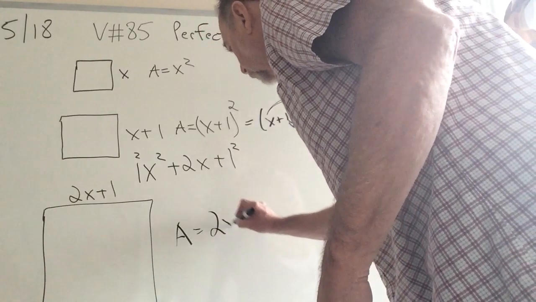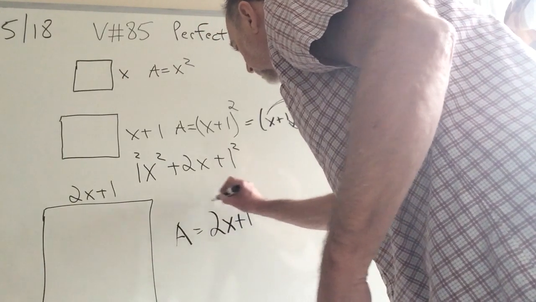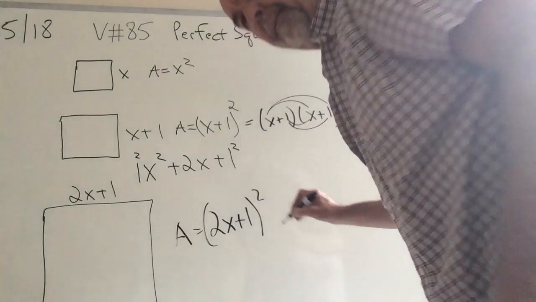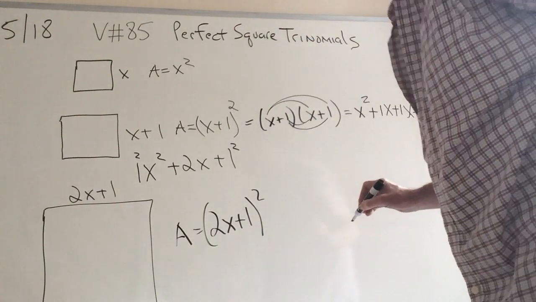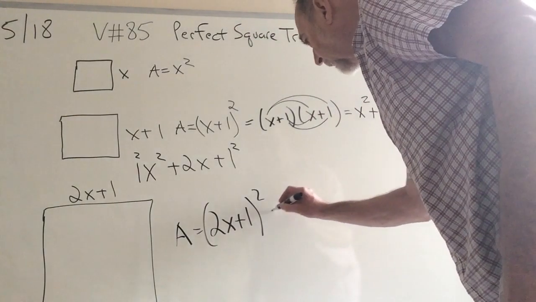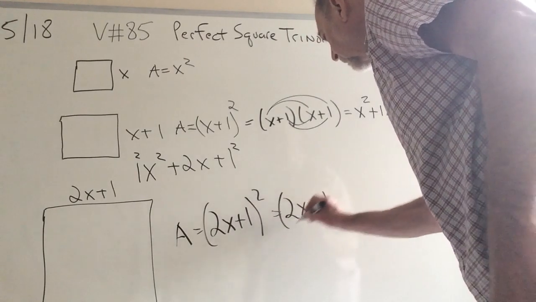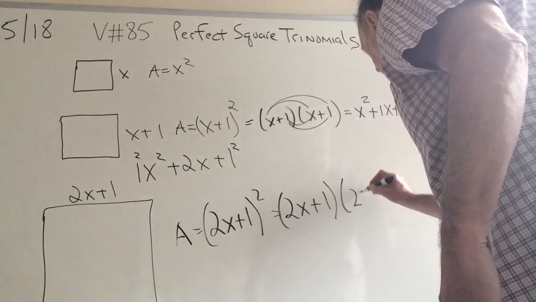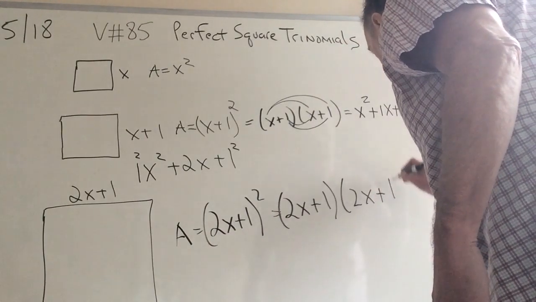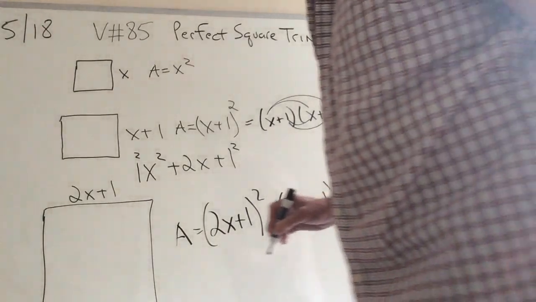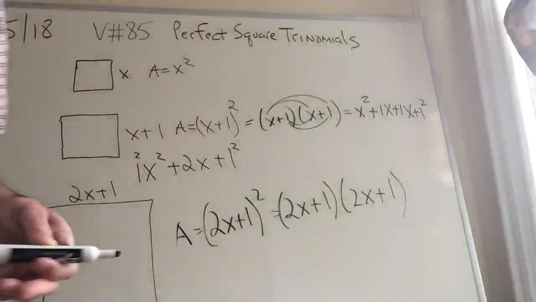It's going to be 2x plus 1 squared. And here I go again, left to right. And that means that I'm going to get 2x plus 1 times 2x plus 1.